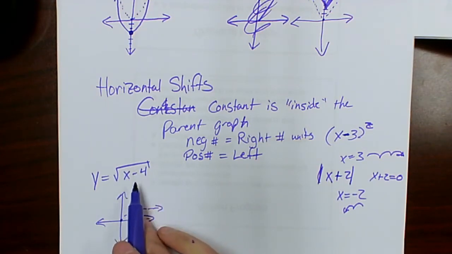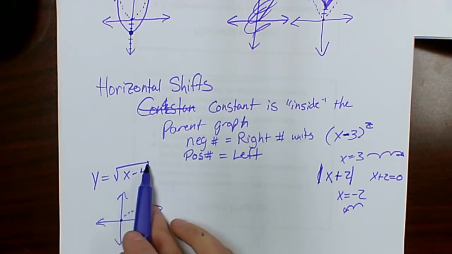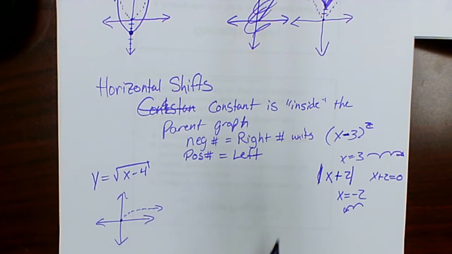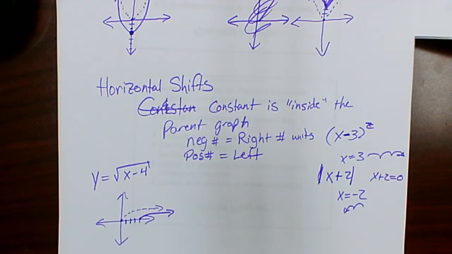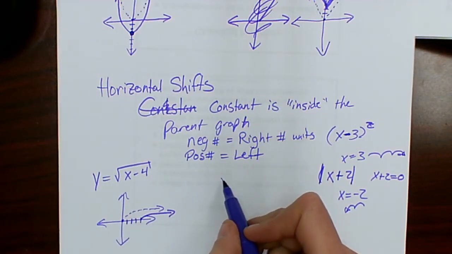The constant is inside the parent graph, meaning that the parent graph, or the squared, absolute value, square root, cubed, whatever it may be, the number is affected by that. So we have to move right 4, and there is our new graph. And again, every single point does move along with it too.